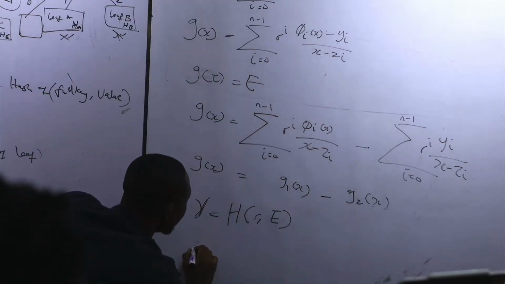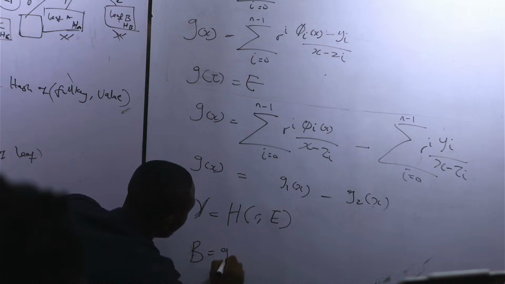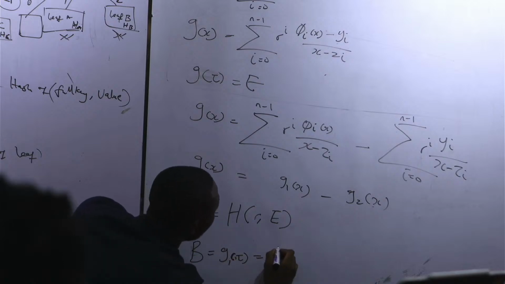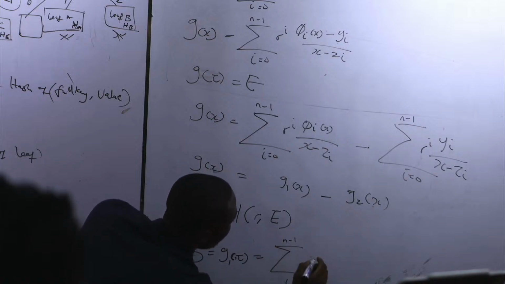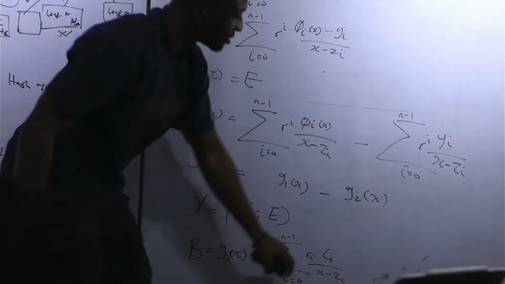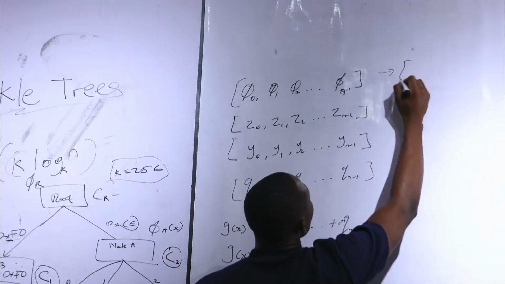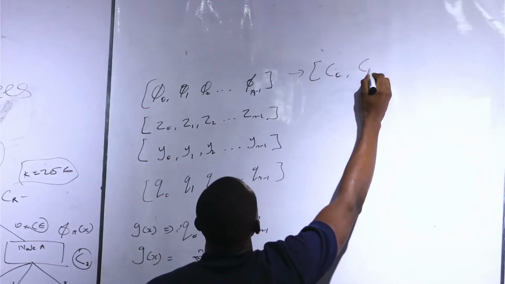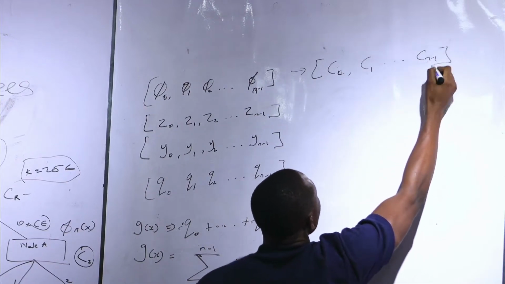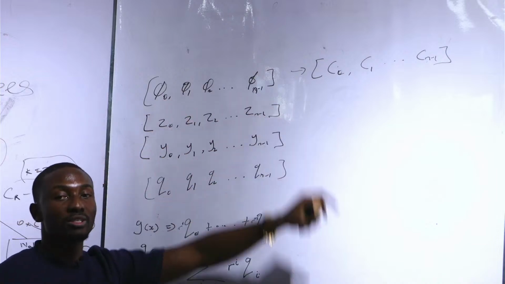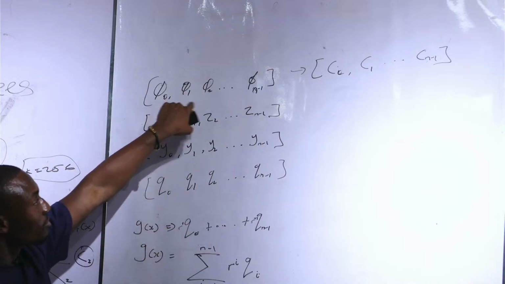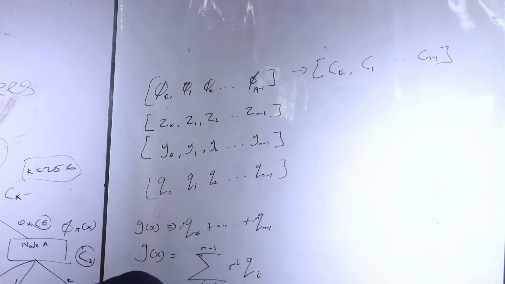So let's say the commitment B to G1 of this will be Ri, so it will be this commitment here, where Ci will be the commitment to all these individual polynomials that the prover is going to provide us with. So now, from here, the verifier can also calculate this value.